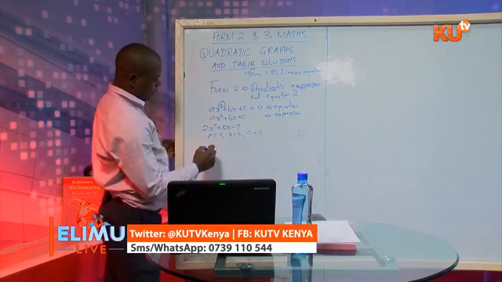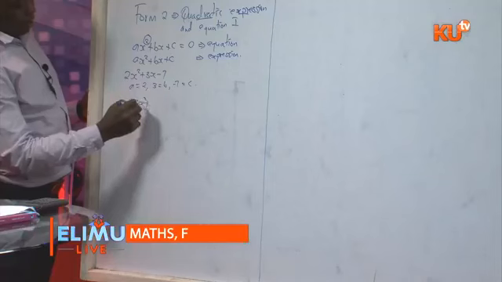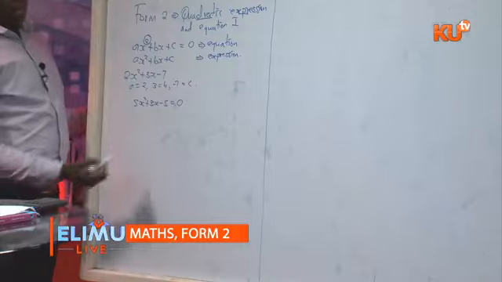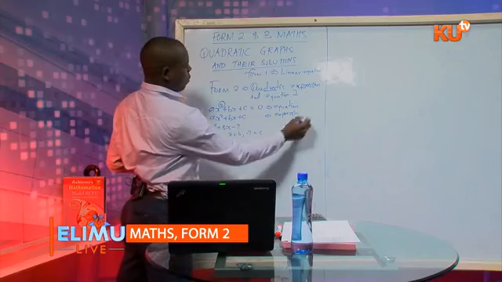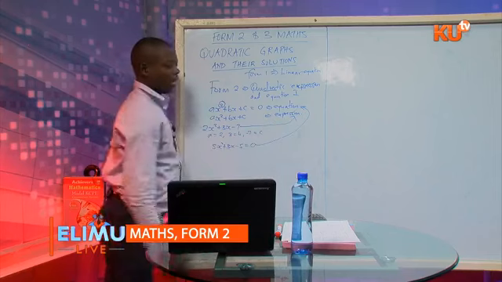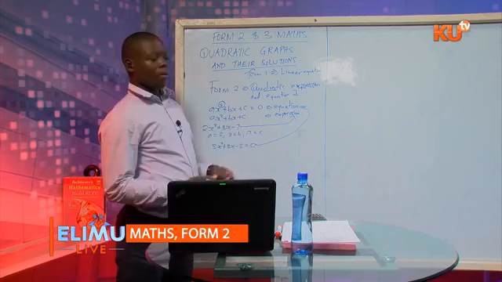If we bring in an equation, for example, 5x squared plus 3x minus 5 is equal to 0, then this becomes a quadratic equation. But without an equal sign, that is a quadratic expression. And these are covered in Form 2.